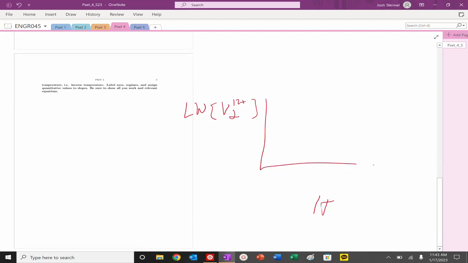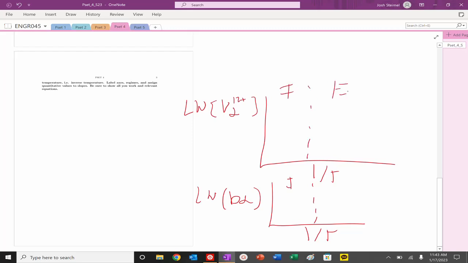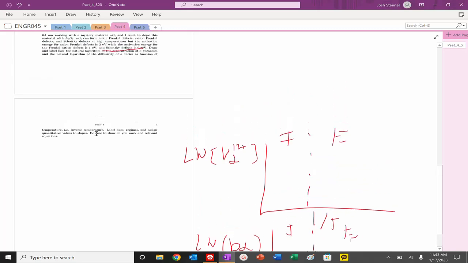And I'm just going to do this against 1 over T. And we could also do the same thing for the natural log of the diffusivity of alpha versus 1 over T. And then we have the intrinsic and extrinsic regimes, as we've done before.